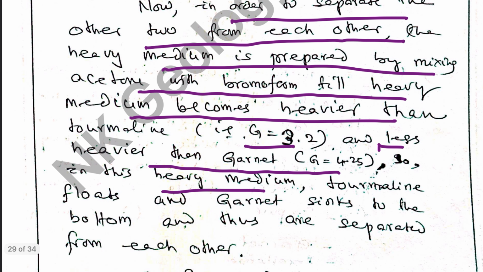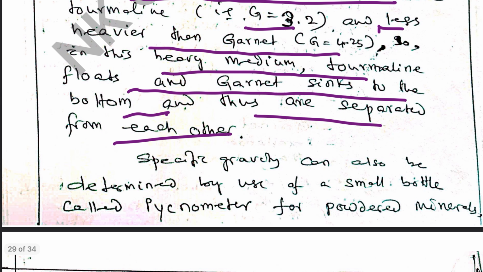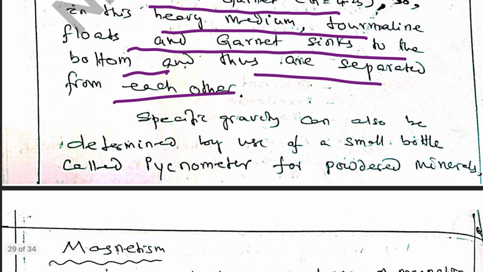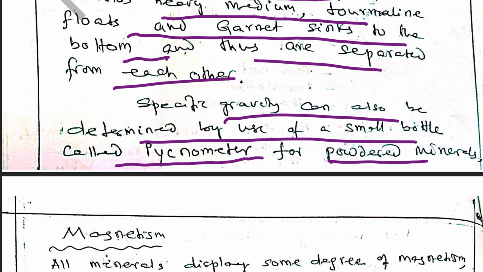In this way the heavy medium is prepared, tourmaline floats and garnet sinks to the bottom, and thus they can be separated from each other. The specific gravity of the heavy medium is controlled by gradual addition of acetone. The specific gravity can also be determined by use of a small bottle called a pycnometer for powdered minerals.